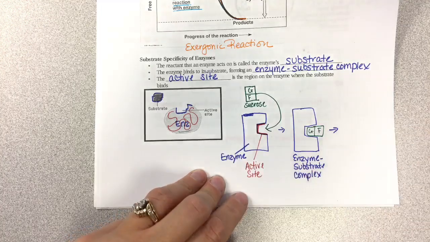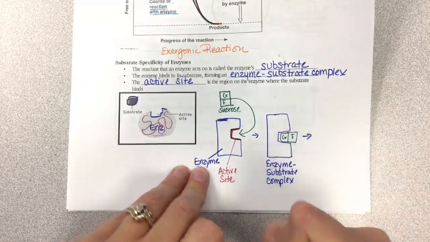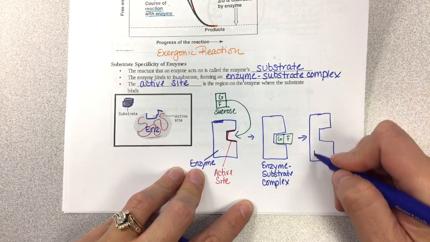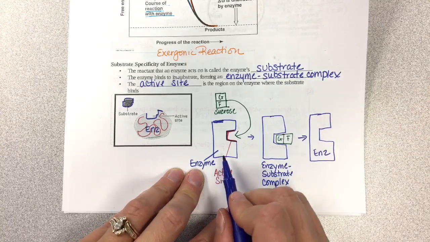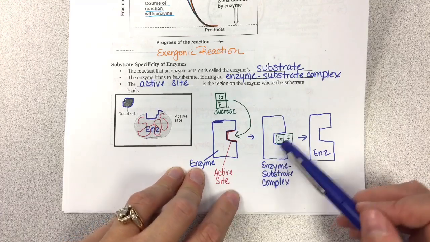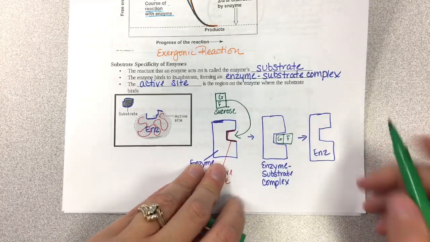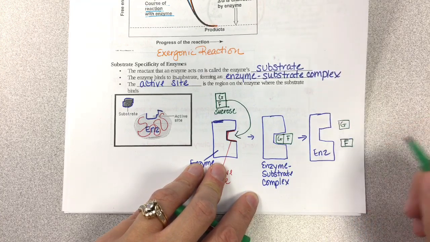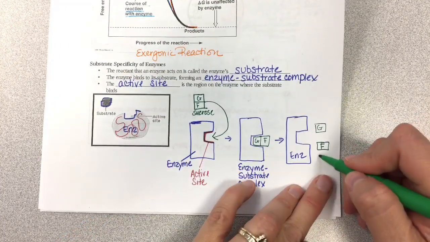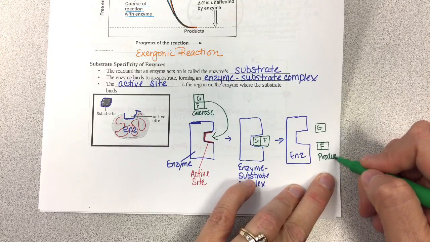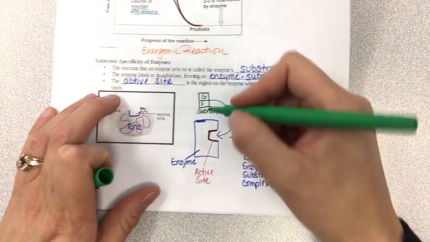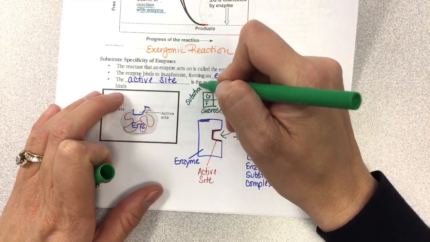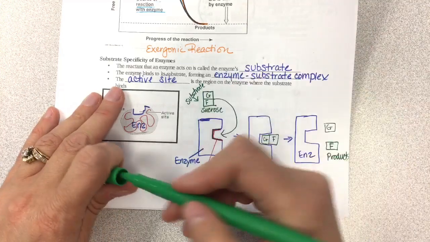Afterwards, look at what happens. The enzyme is not used up, so it's just like it was beforehand, and it releases the two products that are no longer bound together. We have glucose and fructose, and these are your products. This was your substrate, sucrose.